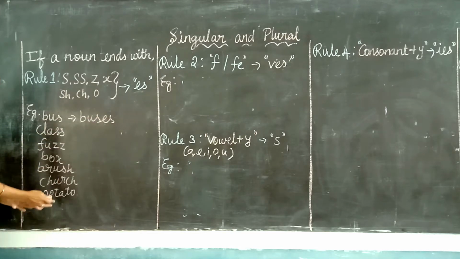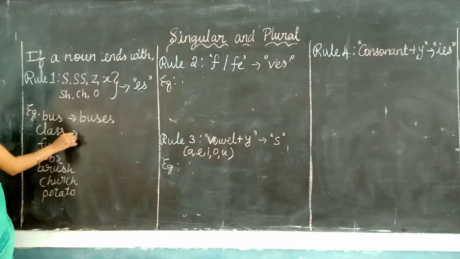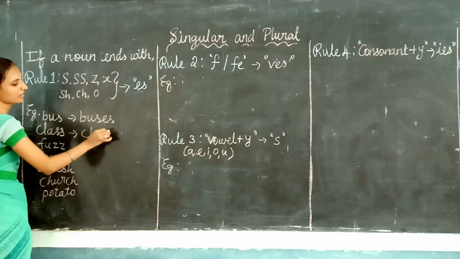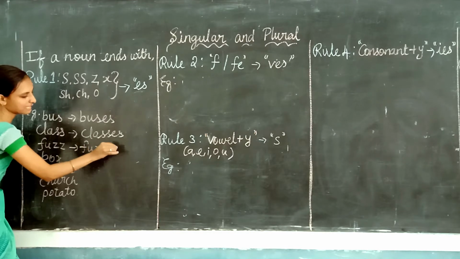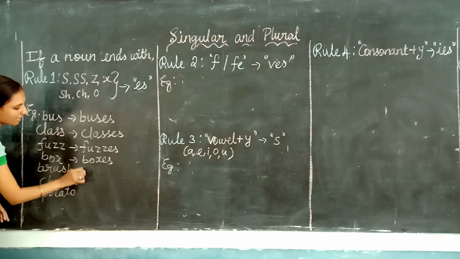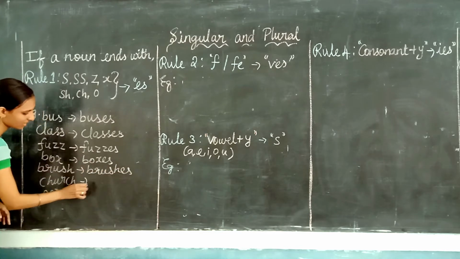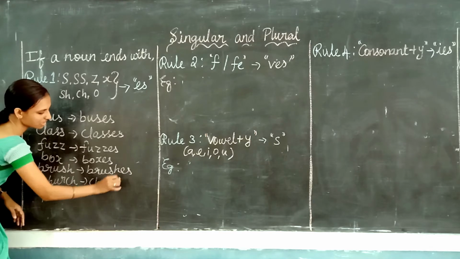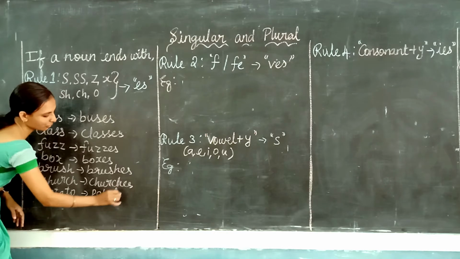For all these nouns applicable to the rule, I am going to add es directly to the noun. Class becomes classes, fuzz becomes fuzzes, box becomes boxes, brush becomes brushes, church becomes churches, and potato becomes potatoes.